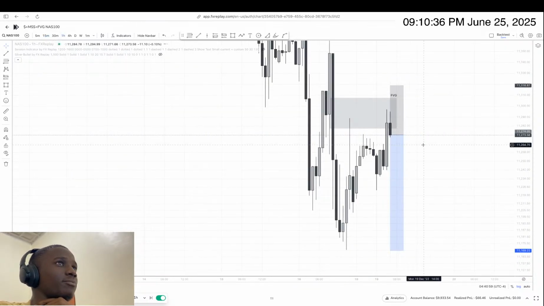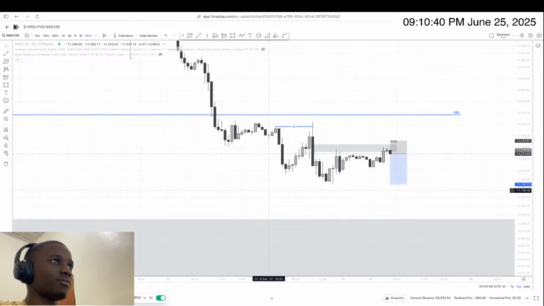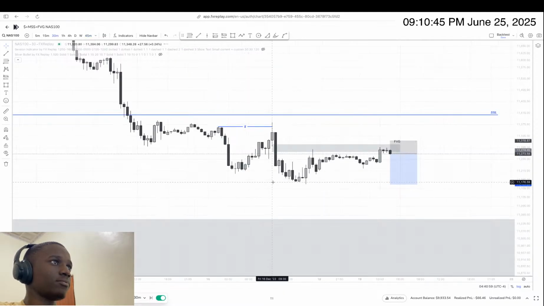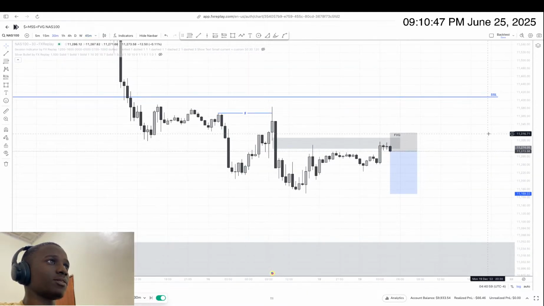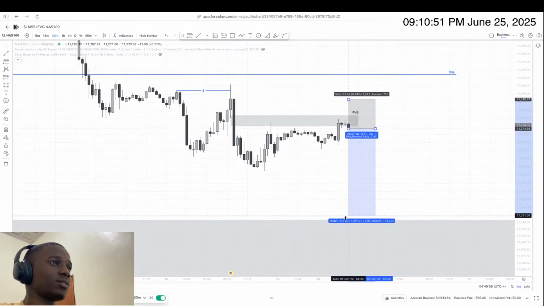But our target on the higher time frame is basically, let's look on the 45, about the 30. Okay, looks even more clear on the 30-minute. So I'd like to put my stop loss there and my target on this low.